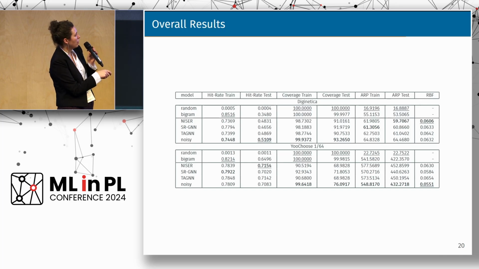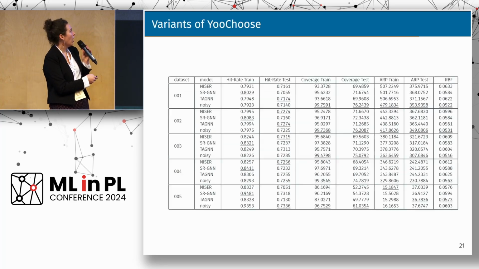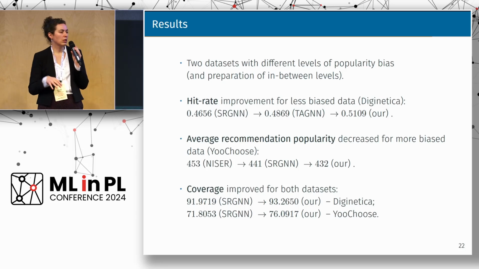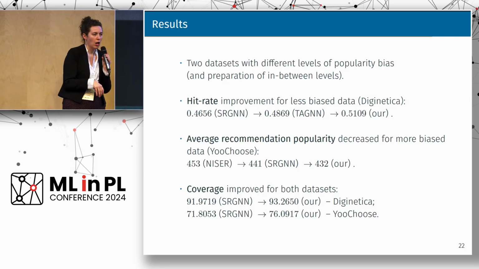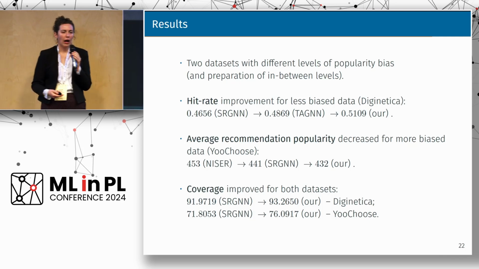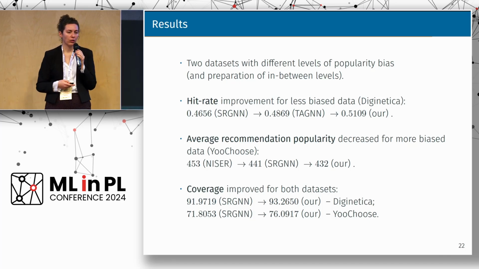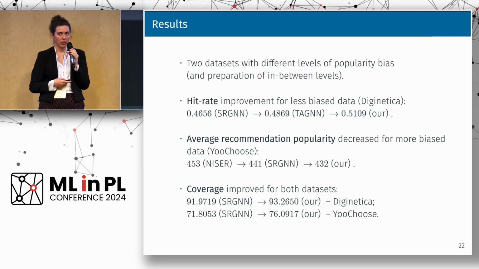Original SRGNN was 70%. We are like 70.8, so it's almost the same result as the original model. However, we managed to decrease the average recommendation popularity. So the items which we recommend to the users are less popular, and for both datasets, the coverage improved. So it's also a good sign for the quality of our recommendations.